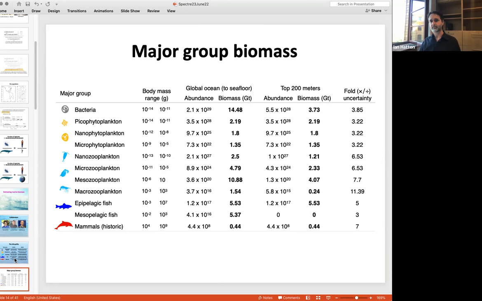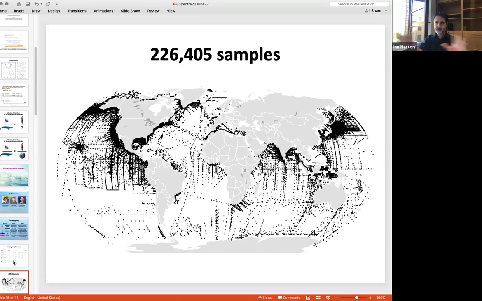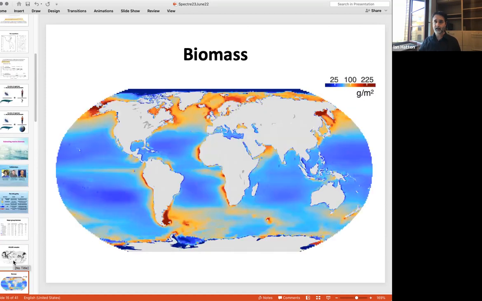And so there's our global coverage of the data points. We also had global coverage for the chlorophyll, fish process models, and mammal surveys. Put it all together to get the global distribution of total marine biomass.